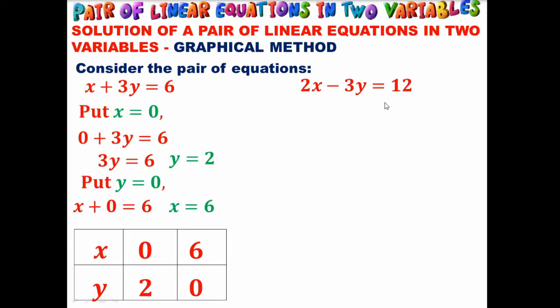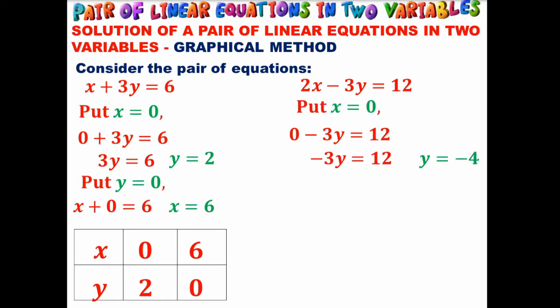Similarly, let me find the coordinates for the second equation by substituting first x equals 0. When I substitute x equals 0, the equation becomes 0 minus 3y equals 12. This on simplification gives minus 3y equals 12, which in turn gives me y equals minus 4. So when x equals 0, I get y equals minus 4.